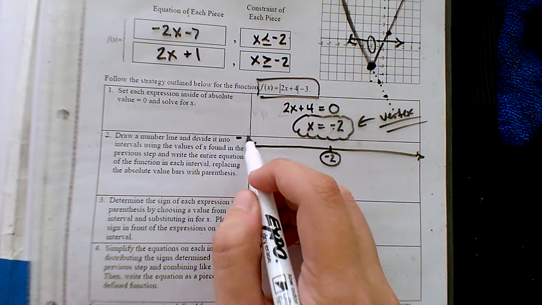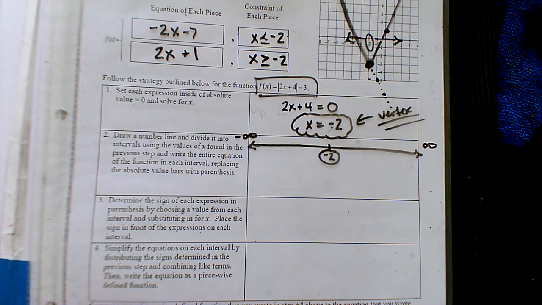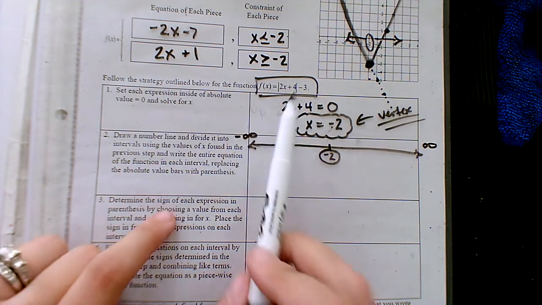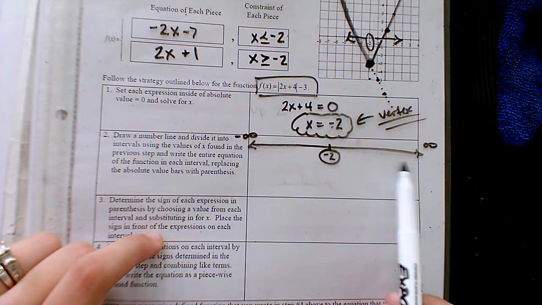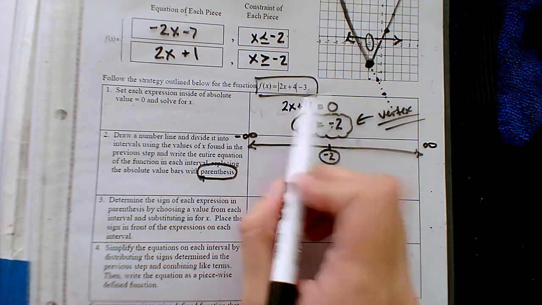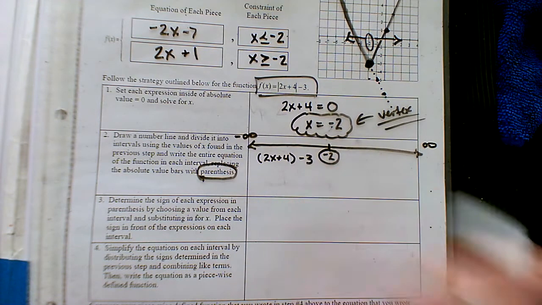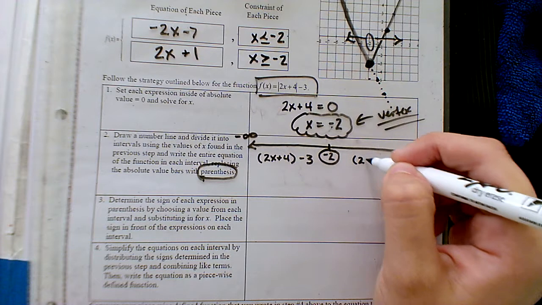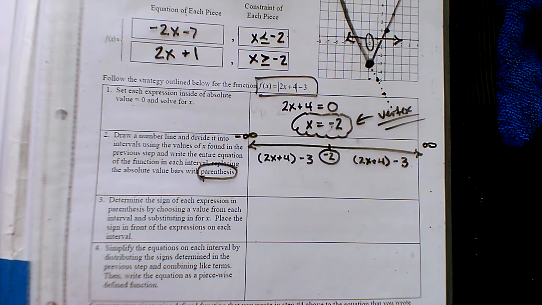So if this is a number line, hopefully we realize the left would go towards negative infinity and the right would go towards positive infinity. So we're going to rewrite this equation in this little interval and this little interval, but when we rewrite it, I want to use parentheses instead of those bars. You're going to see why in a moment. So if we rewrite the equation, we'll have 2x plus 4 in parentheses and then a minus 3. We're going to write the same thing on the other interval.